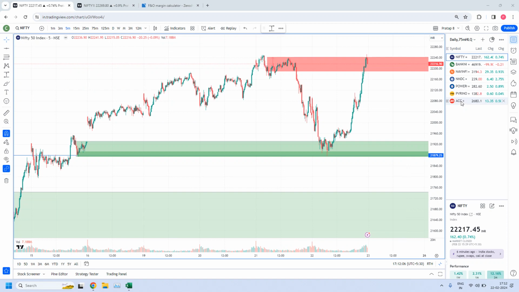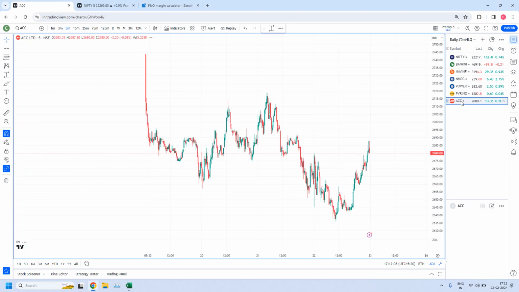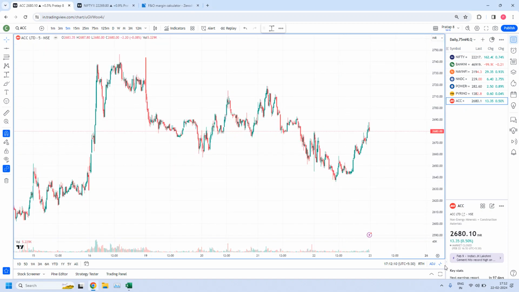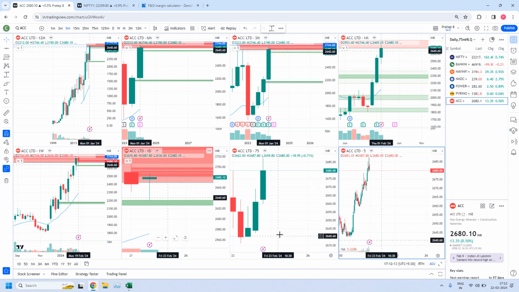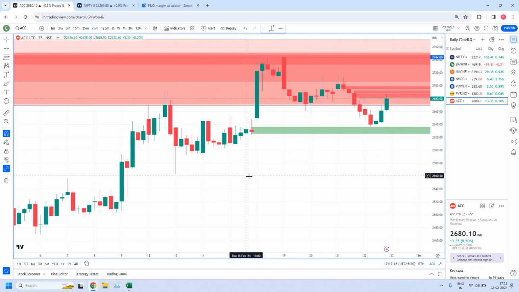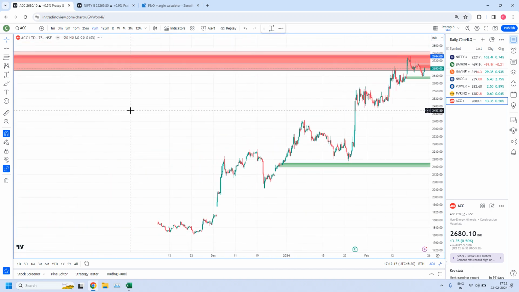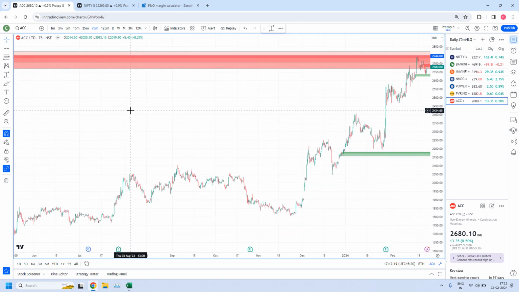First, we will take ACC. ACC is actually a daily stock. Inside the daily high liquidity, a 75 minutes high liquidity is there. Yesterday our software spotted this stock at the 75 minutes time frame.